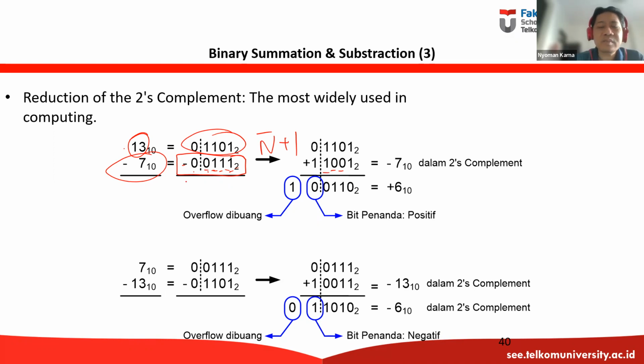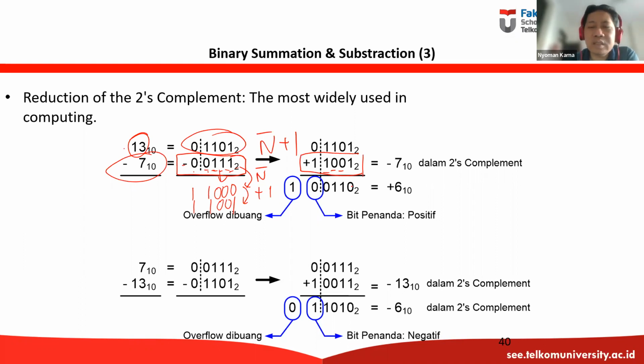So this actually becomes 1, 1, 0, 0, 0. This is for the complement. But then, because this is two complement, we need to add 1. So it will become 1, 1, 0, 0, 1. So that's why this is a representation of minus 7 in two's complement.